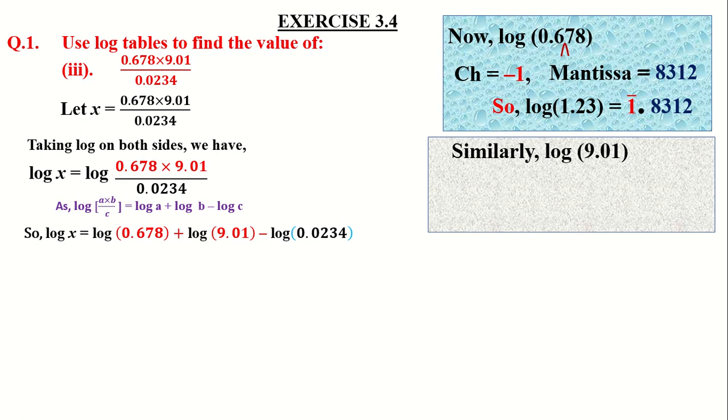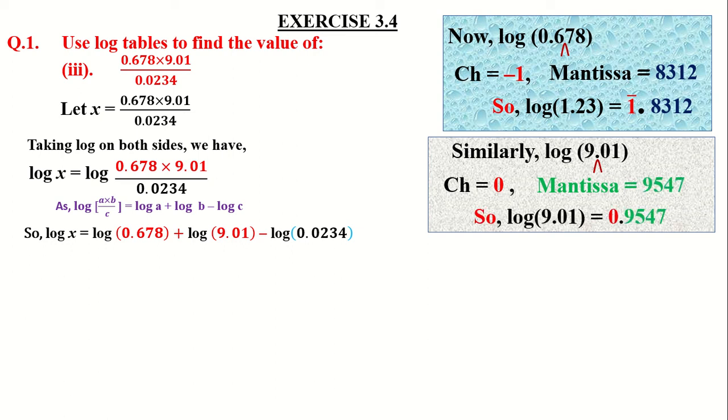Log of second quantity, second number, characteristics is 0, decimal point is placed on the reference position, mantissa is 9547, so it is written.